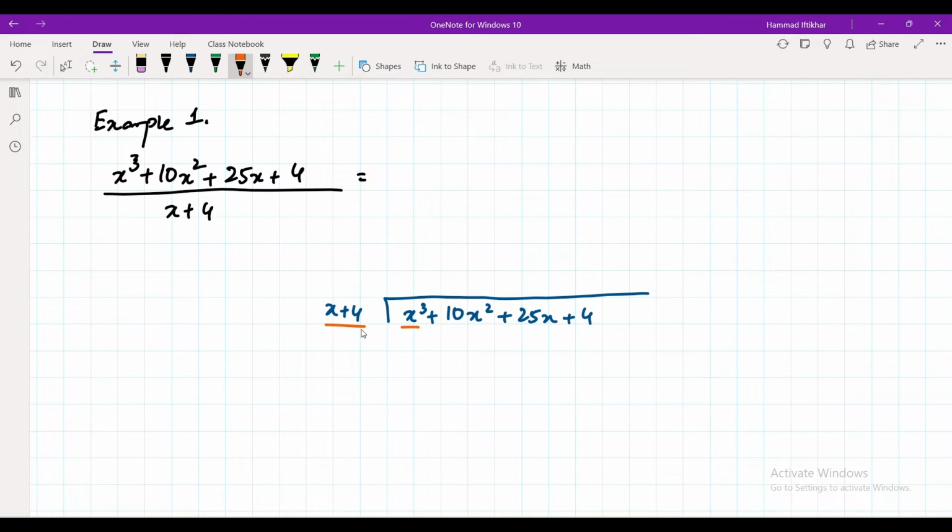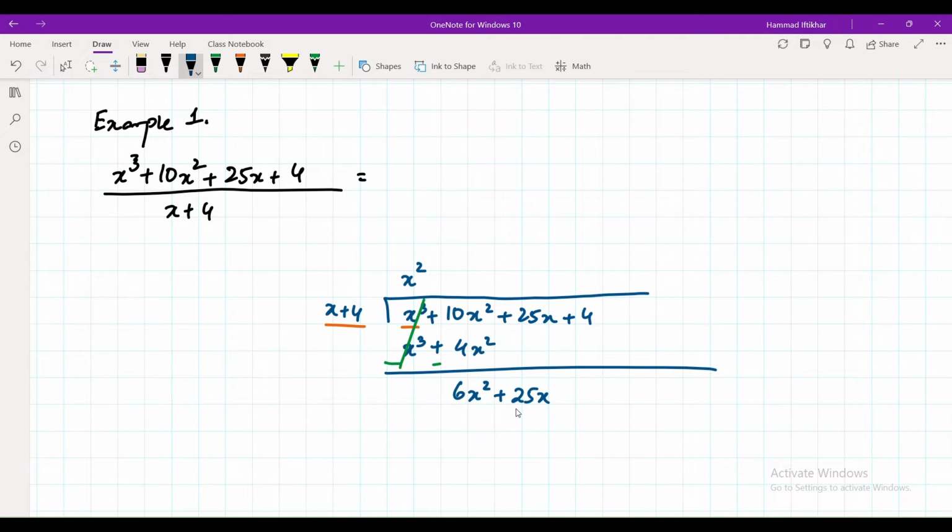We need to multiply x plus 4 with x squared to get to x cubed. x times x squared, x cubed. 4 times x squared, 4x squared. Then we subtract, minus, minus. This cancels out. 10 minus 4, 6x squared plus 25x.